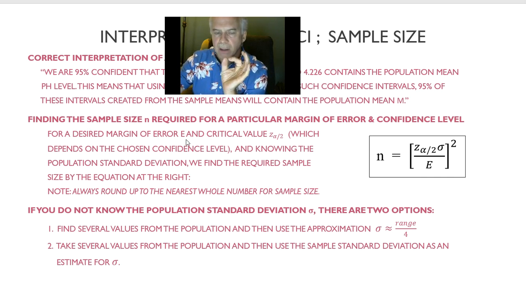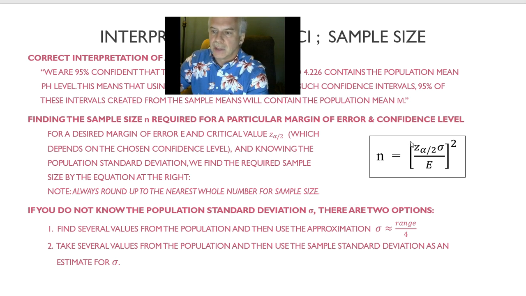Let's say that the quality control person in the factory wants to ensure that the pH level is to a certain precision, within the margin of error. So they want a certain margin of error based on a certain confidence level. Well, then you could put in these values and determine the sample size you would need. In other words, how many bottles you'd have to open and measure the pH level for.